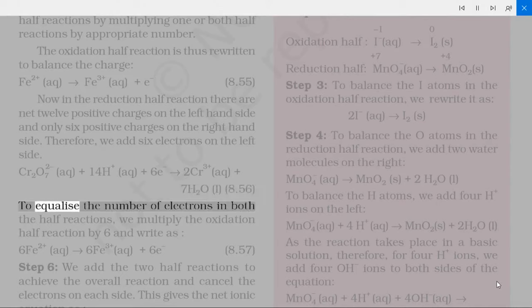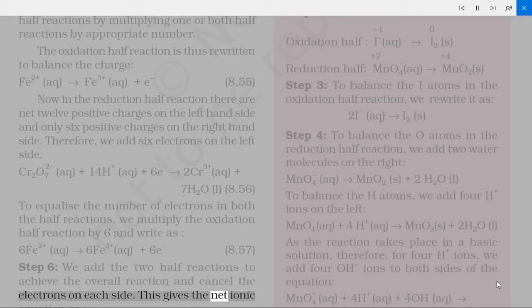To equalize the number of electrons in both the half reactions, we multiply the oxidation half reaction by 6 and write it as 6Fe²⁺(aq) → 6Fe³⁺(aq) + 6e⁻ (8.57). Step 6. We add the two half reactions to achieve the overall reaction and cancel the electrons on each side.